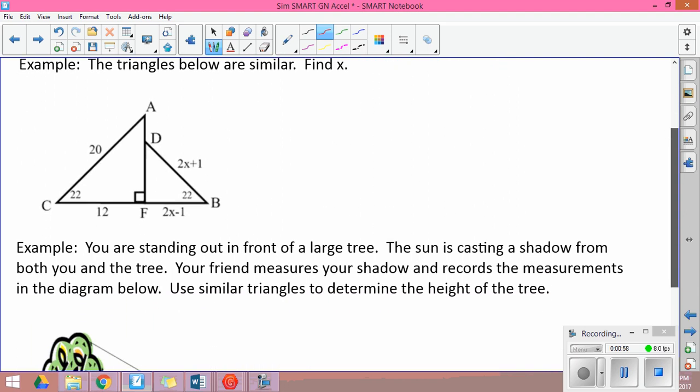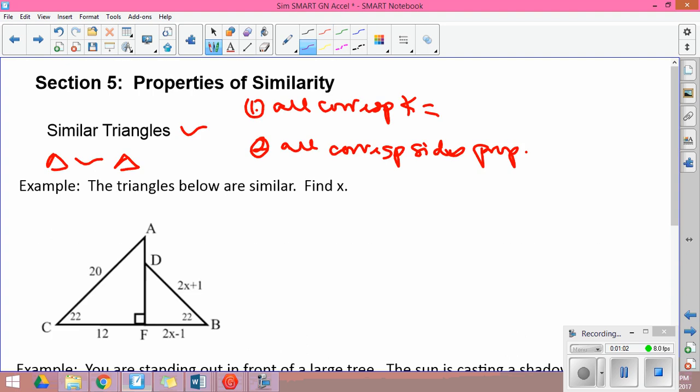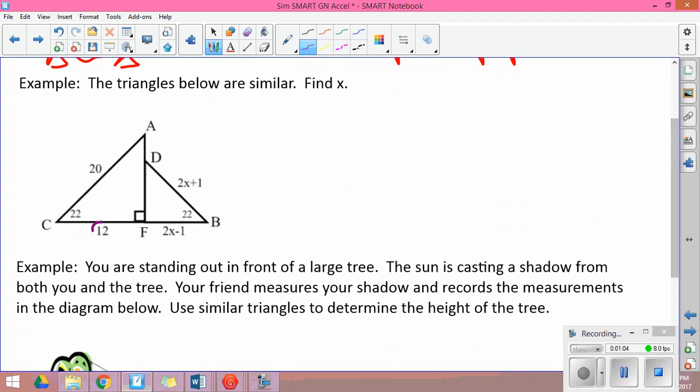So in this case, the triangles below are similar, and so it's pretty easy to see that we have a leg compared to a leg and the hypotenuse compared to the hypotenuse. There are different ways to write these proportions, but again, make sure you're consistent with how you write your proportions.